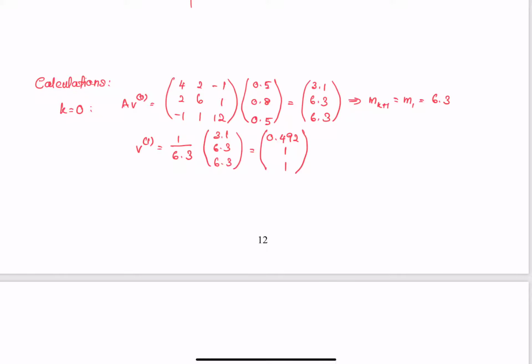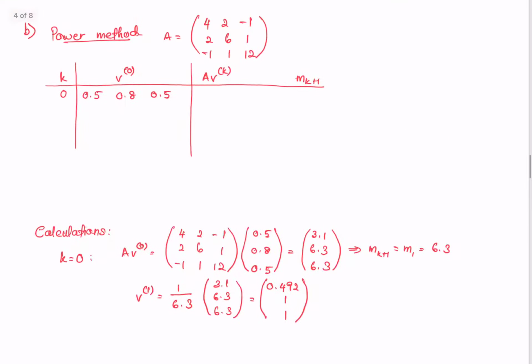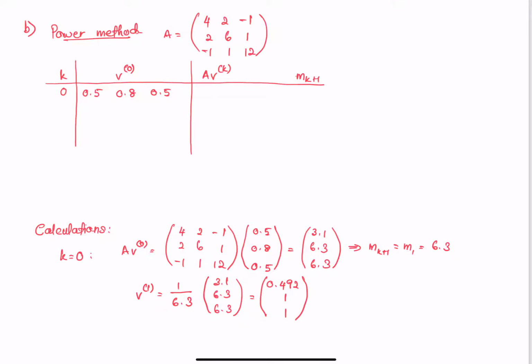Like this. Now we can substitute in the table. Our AV0 is equal to 3.1, 6.3, 6.3. And then our MK plus 1, which is our M1, is equal to 6.3.